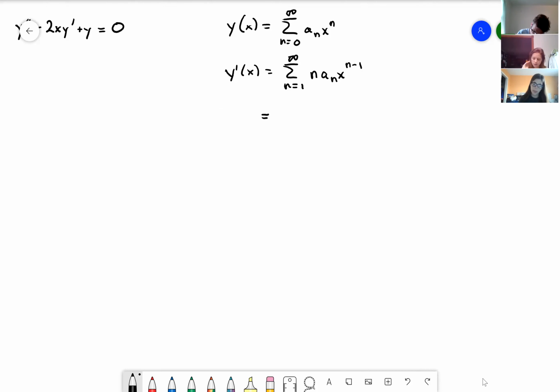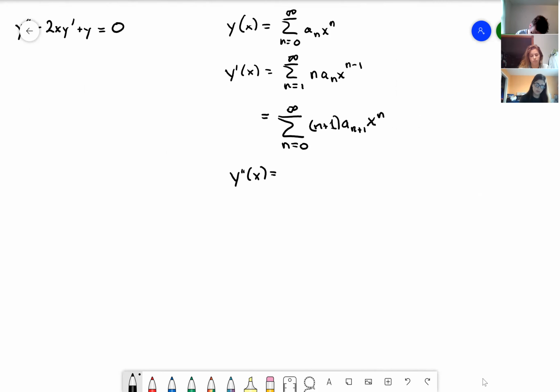If n starts off at 1, then n minus 1 is 0, but we want x to the n to be 0, so we start off at 0 instead. And then we want that to be n plus 1. So essentially, we're replacing everywhere that n appears with n plus 1. We're re-indexing this, and then x to the n minus 1 just becomes x to the n. So now we have it in the form that we want.